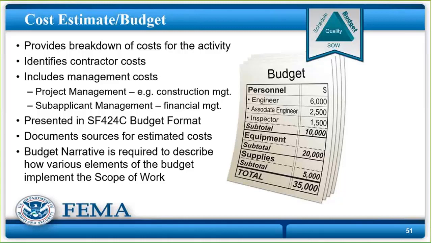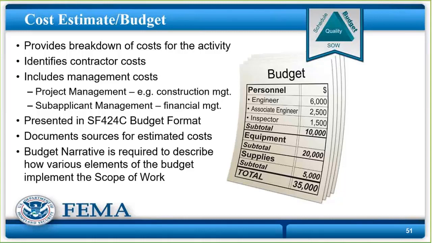We will ask for backup on equipment, because equipment is any expense charged to a federal grant that is a piece of operating stuff, like a computer or a plotter, or maybe you need some surveying equipment because this is going to be a long, complicated project and you have to have that, and it costs more than $5,000. That has to be reported as equipment, and we do need to know where you got the price for that.